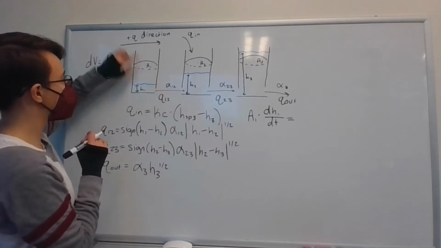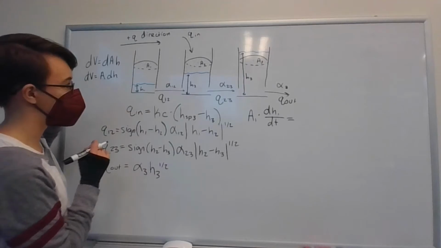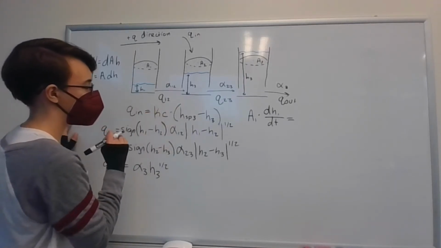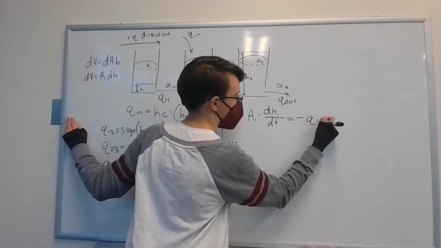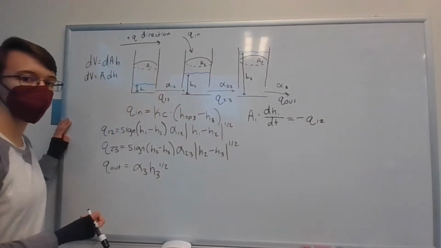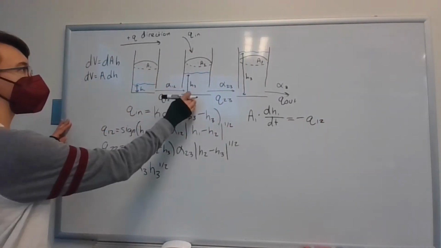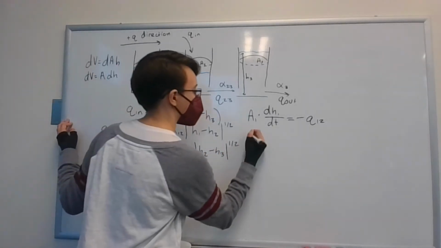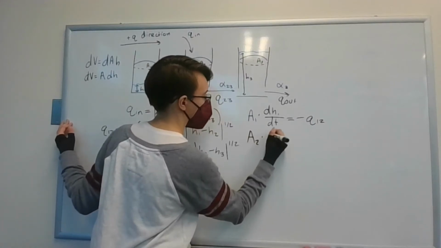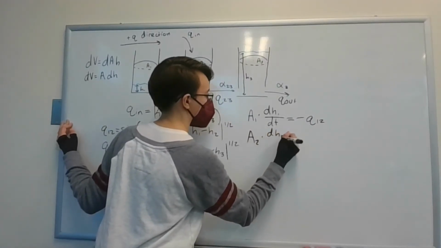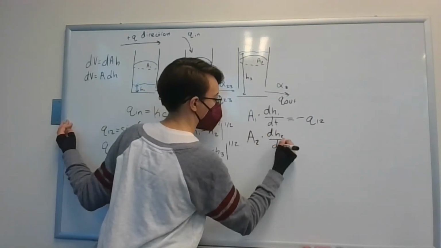So nothing is coming into tank 1, so we just have what's going out, and Q12 is going out. It's going out, so we'll have a negative for the flow out. Okay, and now let's move on to tank 2. We're going to have cross-sectional area of tank 2 times the change in height of tank 2 over the change in time.